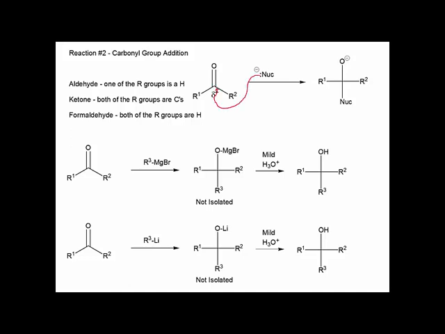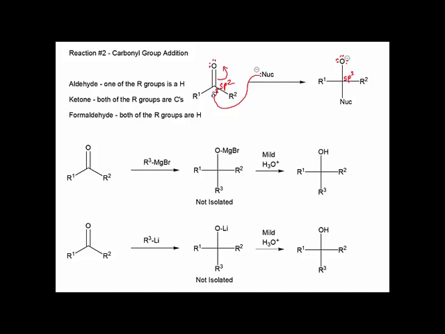So here are the arrows. Get used to seeing these arrows; you're going to see them a lot. Let's draw the lone pairs there too so you can see what is going on. The nucleophiles will add to carbonyl carbons to turn the sp2 carbon into an sp3 carbon.